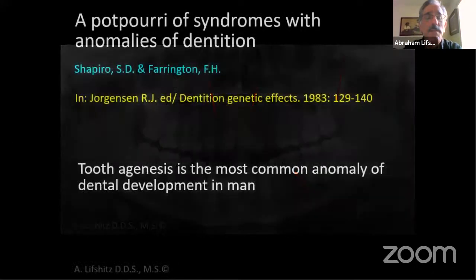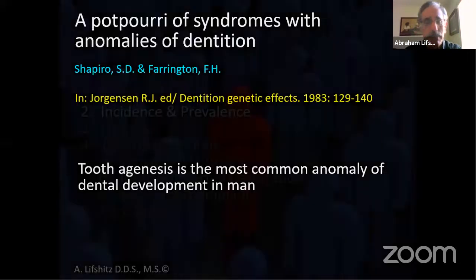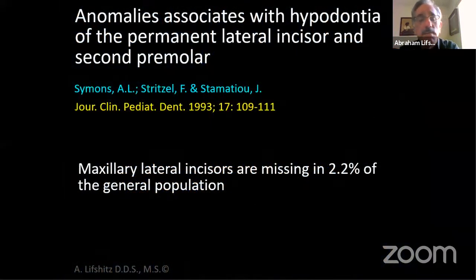So going through the literature, Shapiro in 1983 stated that tooth agenesis is the most common anomaly of dental development in men. What about the incidence and prevalence? In 1993, Simmons stated that maxillary lateral incisors are missing in 2.2% of the general population.